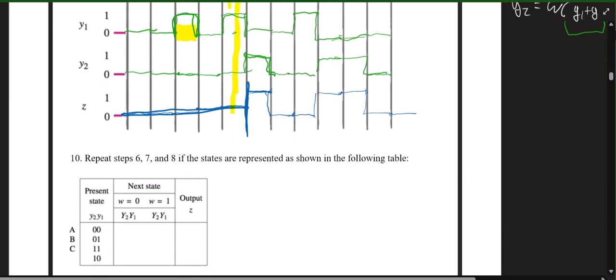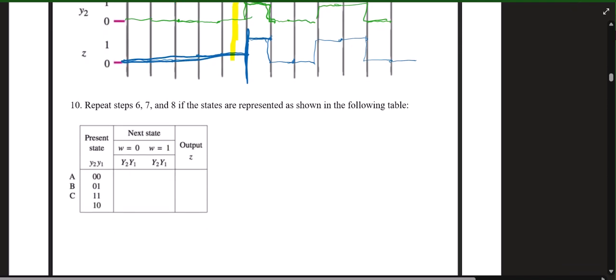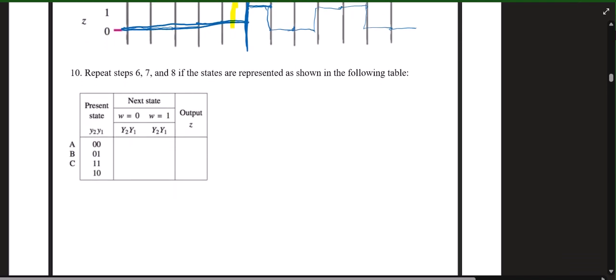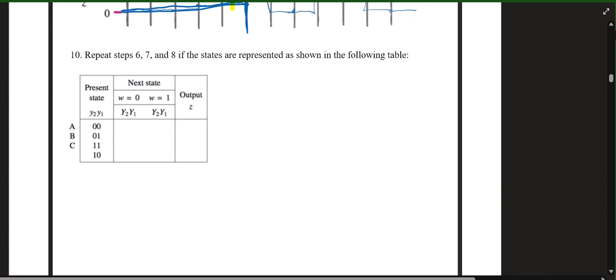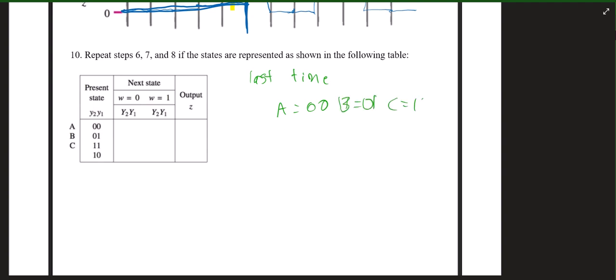So now we're going to repeat steps 6, 7, and 8 if the states are represented as shown in the following table. So here we're just having a different state assignment. Last time we said A was 0, 0, B was 0, 1, C was 1, 0, and then we had a don't care.